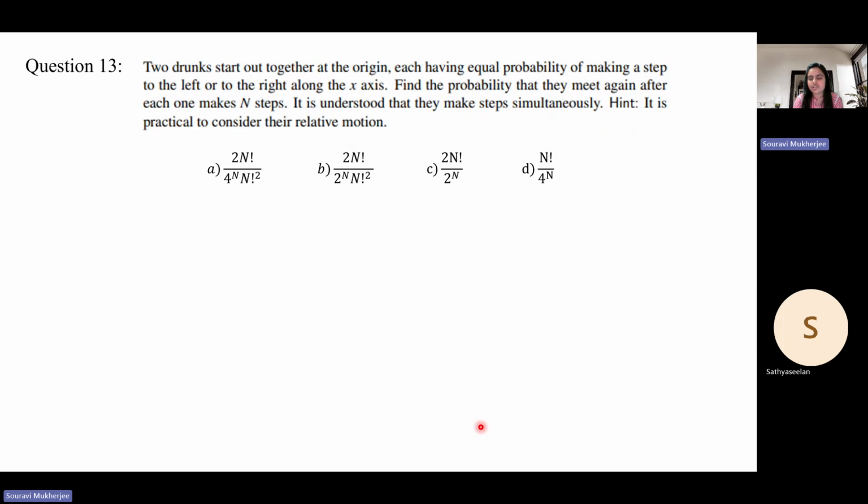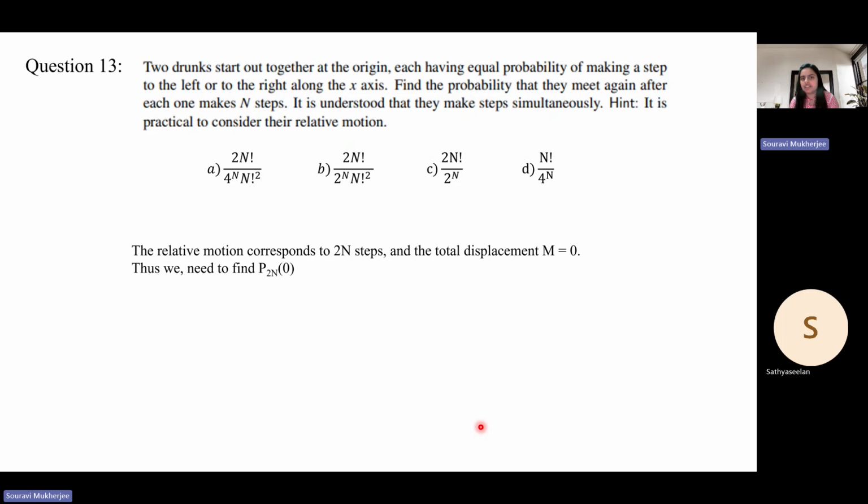For this kind of question, you have to go from the absolute coordinate system to a relative coordinate system, looking at the relative motion, the relative distance between the two. The relative motion corresponds to 2n steps, because now you are keeping one fixed and looking at the other. So now there will be 2n steps, and the total displacement after 2n steps is 0 because they have to meet.